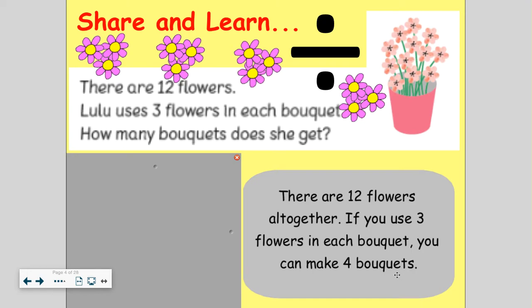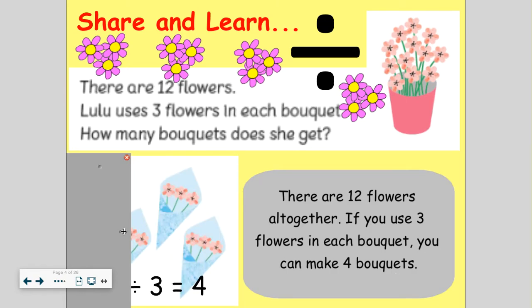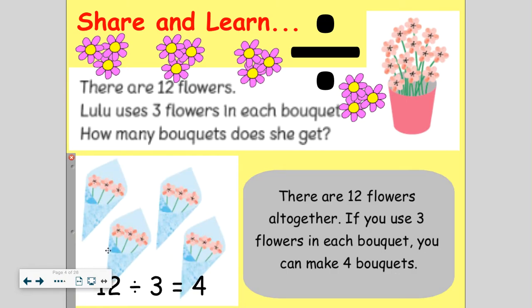If you use 3 flowers in each bouquet, you can make 4 bouquets, just like Lulu did. We can use a number sentence to represent this again. 12 flowers grouped into threes gives us 4 bouquets.